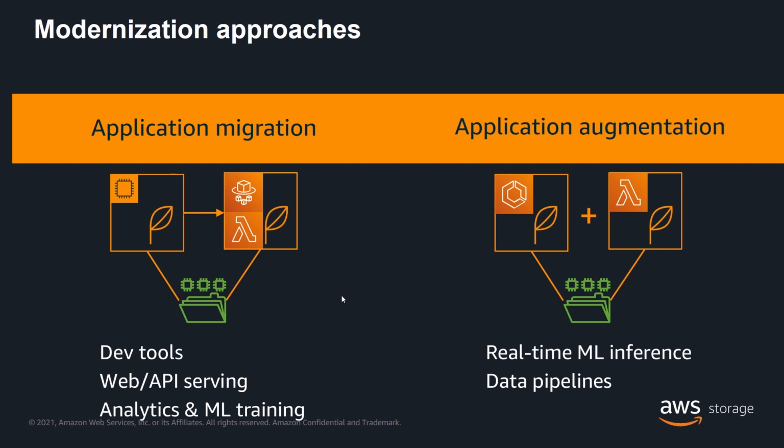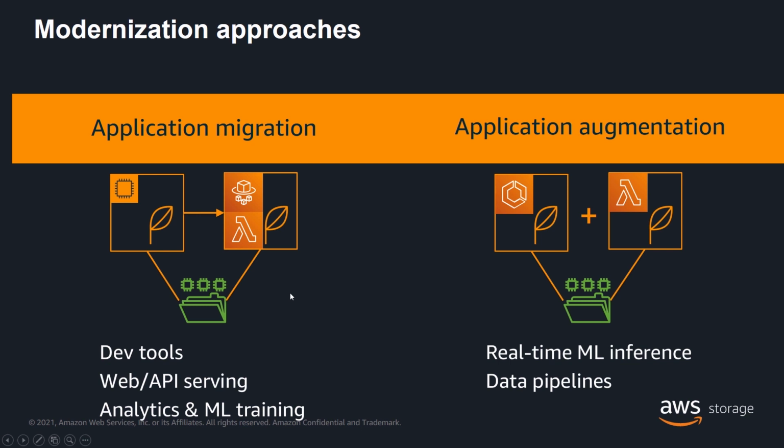Or, for example, analytics or developer tools, where, let's say, you're building CI/CD pipelines on container services. Or on the right side, as we talked about, there's application augmentation, where you can have data pipelines that span both containers and serverless as well, right? So there are various application modernization paths. There's migration, and there's building cloud native applications as well.